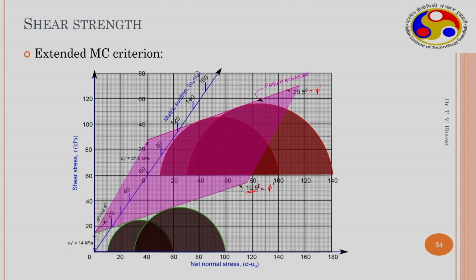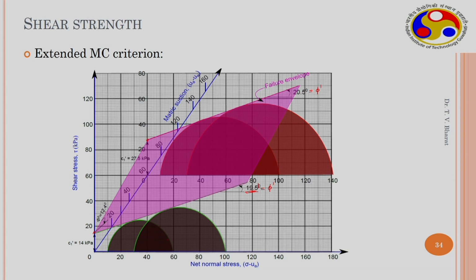From here to here the intercept is 27.5 kilopascal at 60 kilopascal UA minus UW, and here the intercept is 14 kilopascal.